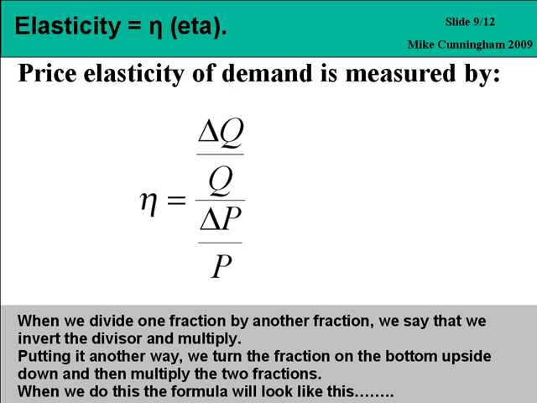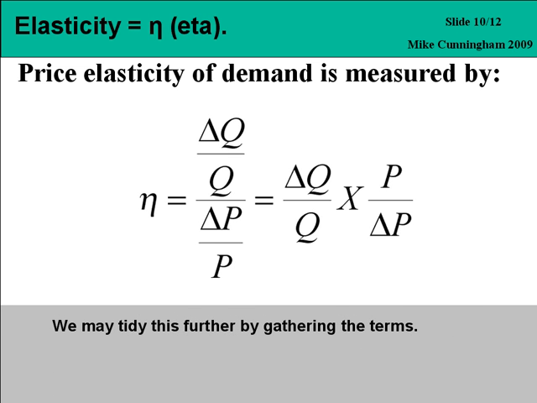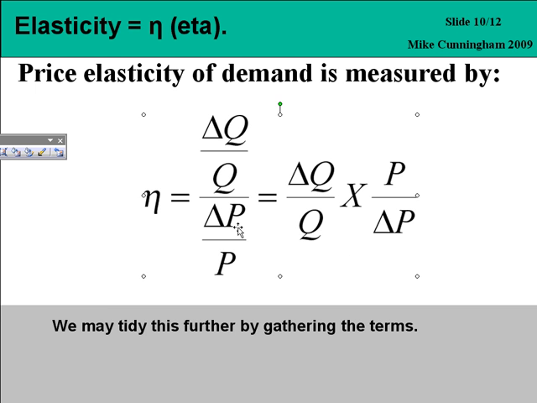So I've got two fractions, and I'm dividing one fraction by another. If you remember back to early school days, when you divide one fraction by another, you simply turn the denominator upside down and multiply.